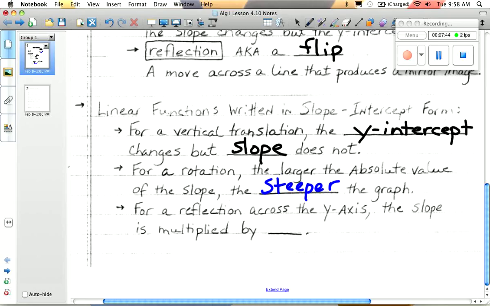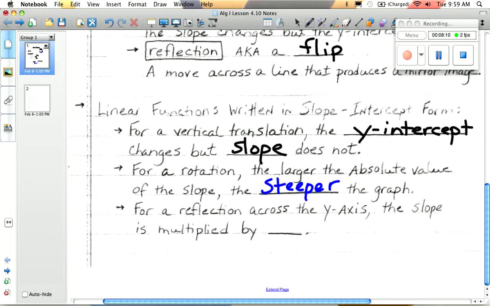Positive slope goes up from left to right, negative slope goes down from left to right. They still have the same steepness. So we look at their absolute value. We can't say the larger of the two, because 4 is larger than -4. We have to say the absolute value. Take the absolute value of both of them, and then compare their steepness.